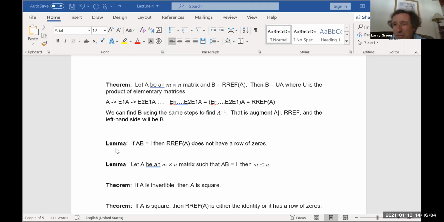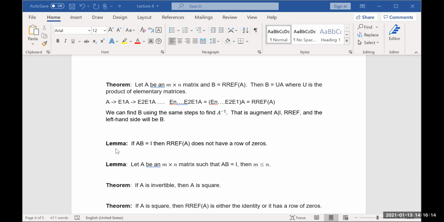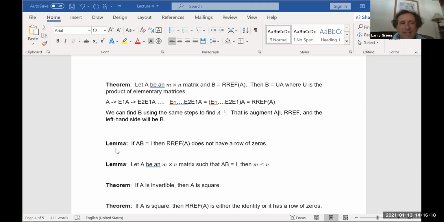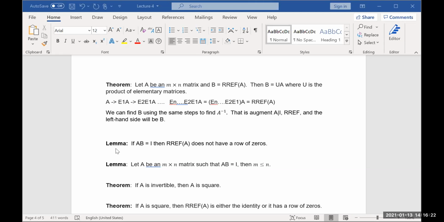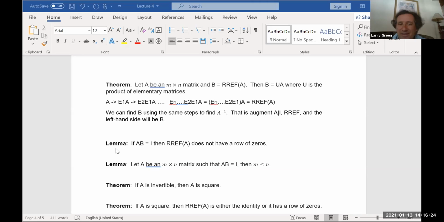The lemma helps you prove the big theorem, and a corollary is a theorem that comes from the big theorem. Do you see the difference? So a lemma is kind of like a sub-theorem. It's a helper theorem. I like to think of it that way. It gets you what you need to be able to prove the big theorem. And that's not a linear algebra word, that's a math word.